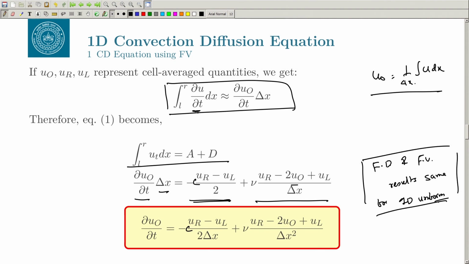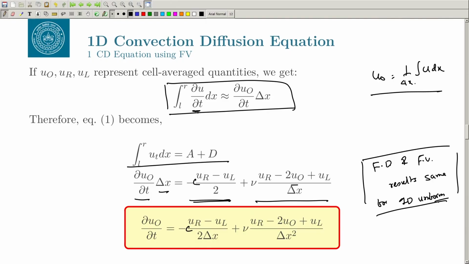So in finite difference we just use the discretized scheme on a differential equation. In the finite volume we integrated those equations, and then we used appropriate definitions for getting the value at the face and the gradient at the face, and we found out that both give you the same thing. Of course, when you want to code it, you can code it in a different way.